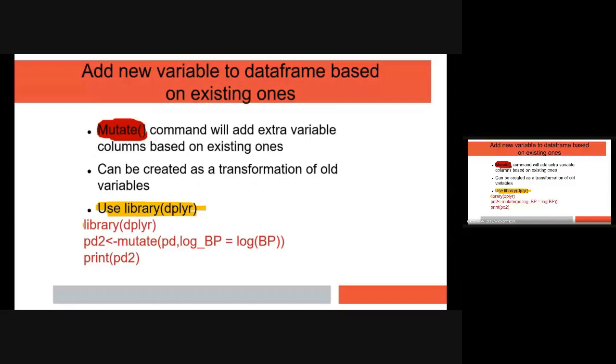In order to import the dplyr library, you have to use library(dplyr). After that, you can use mutate on PD. PD is the previously defined data frame, and you are going to add a new column which stores the logarithmic value of the BP, stored as the last column. It will be another data frame, stored in PD2.